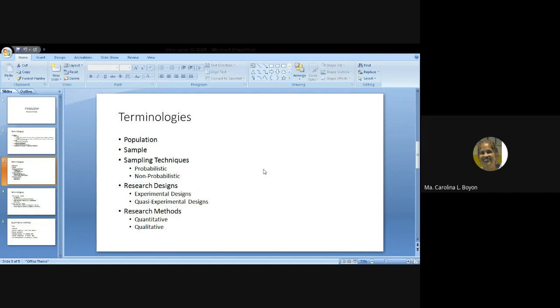One non-probabilistic sampling technique is purposive sampling, which may be useful specifically for you in the BSIT curriculum if and when your target is the assessment of the efficiency or the technical viability of a software or a prototype that you would have to develop or would have developed for your thesis.